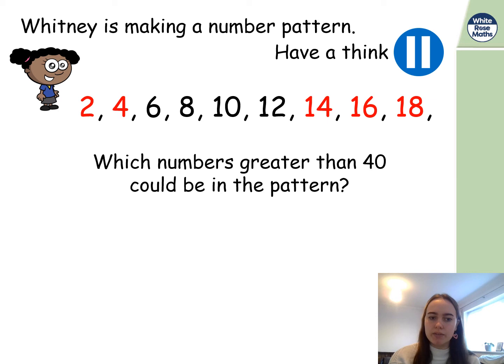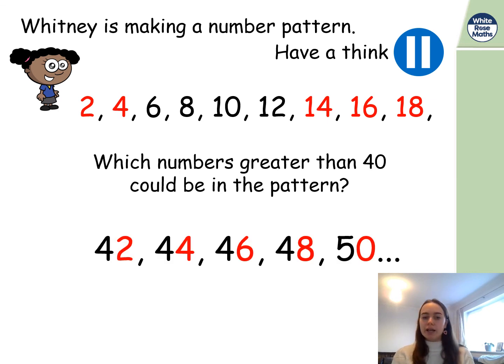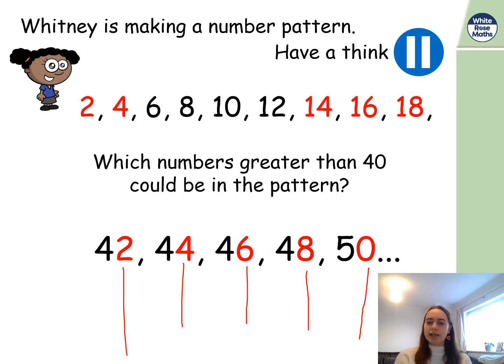So have a think if you like. And then our even numbers could be 42, 44, 46, 48 and 50. So look at that bottom number line, the numbers in red, so those are our ones. But if a number ever ends in 2, 4, 6, 8 or 0, then it is an even number.